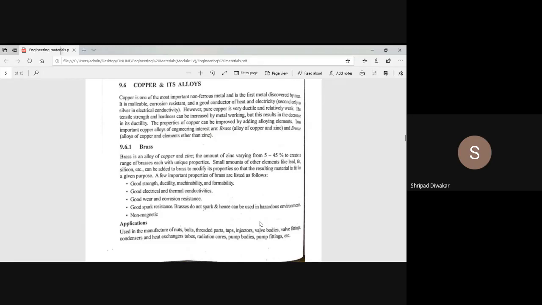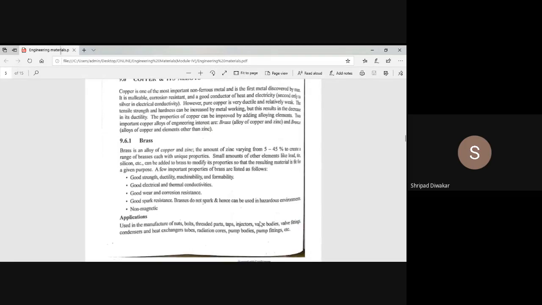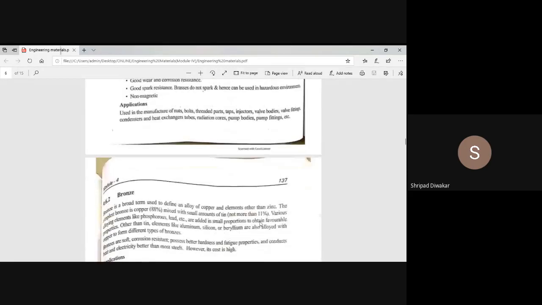One more alloy of copper is bronze. Bronze is another alloy of copper.